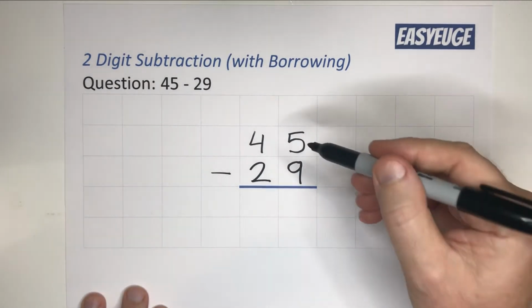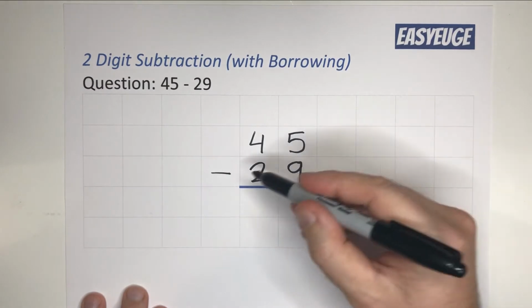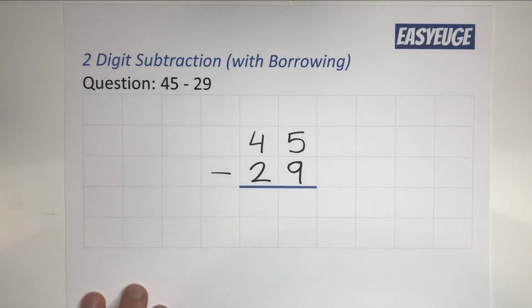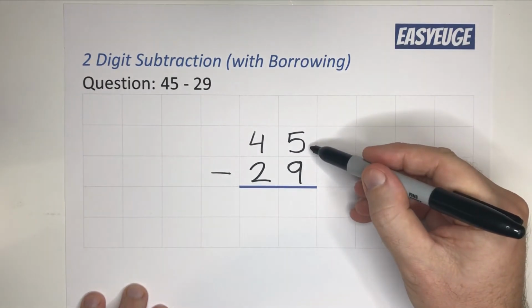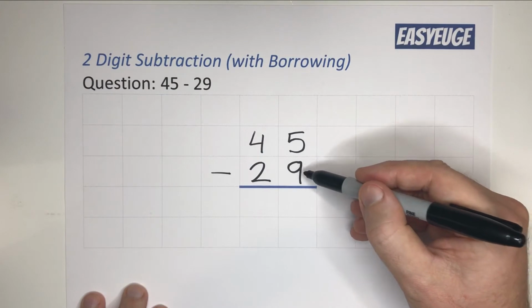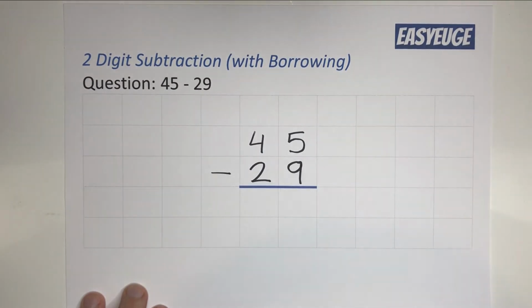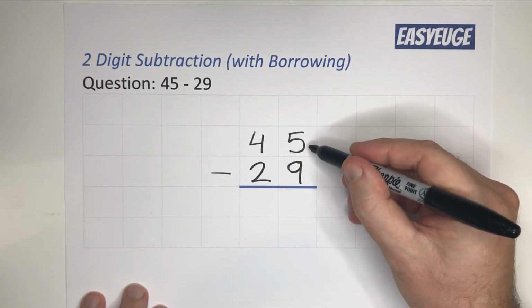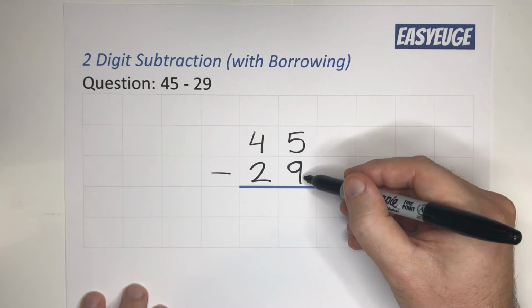Okay, let's get started. 5 subtract 9. Whoa, I can't take 9 away from 5. There's not enough in 5 for me to take 9 away. So what am I going to do? This 5 doesn't have enough to take away 9.